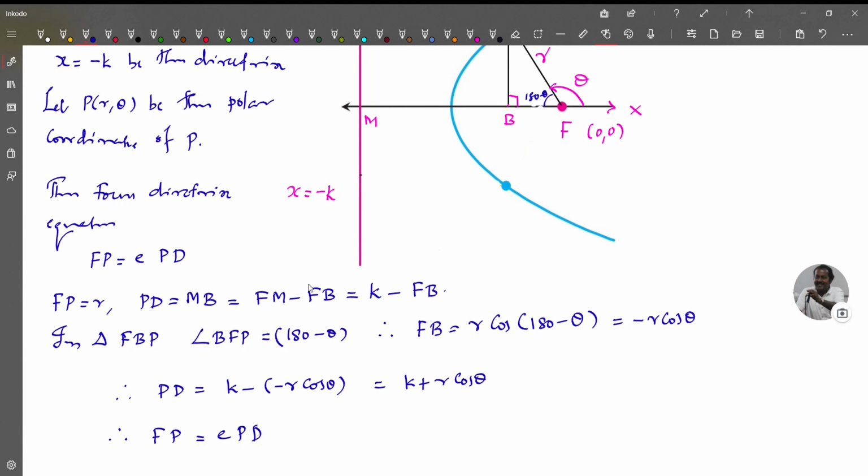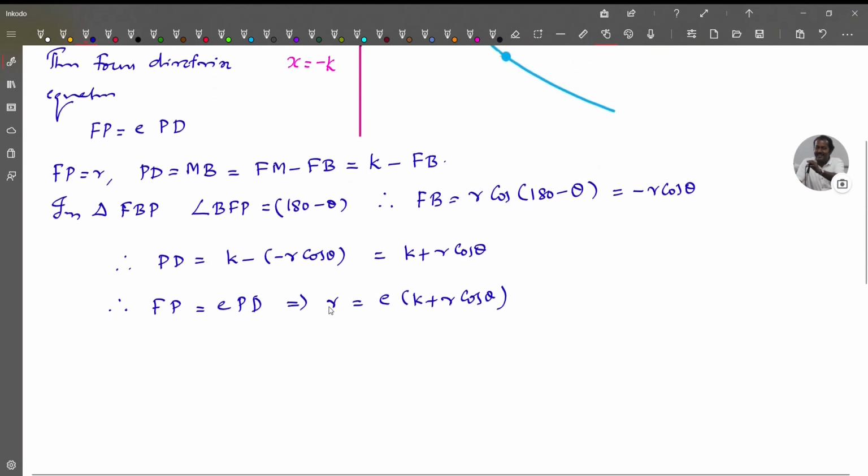implies R is equal to E into K plus R cos theta. So this implies R is equal to EK plus ER cos theta.